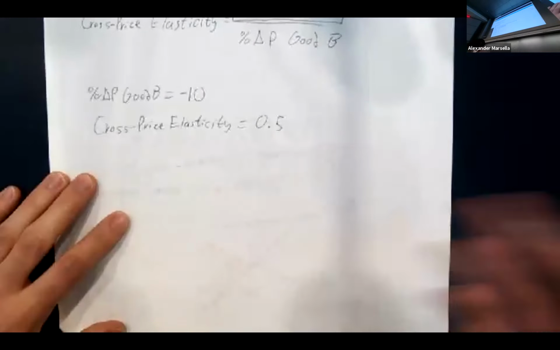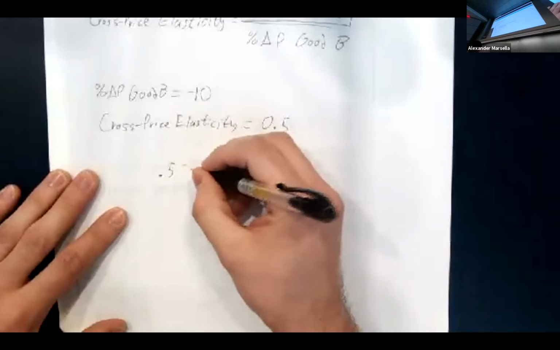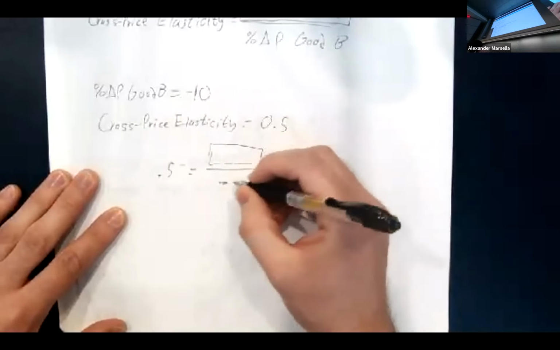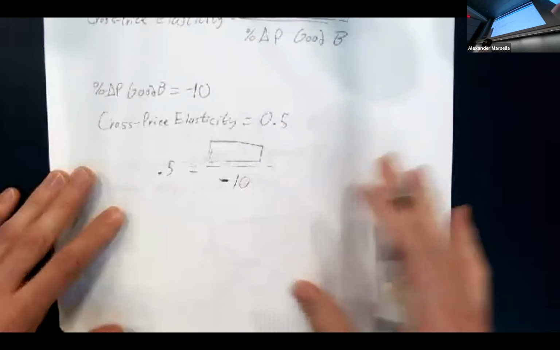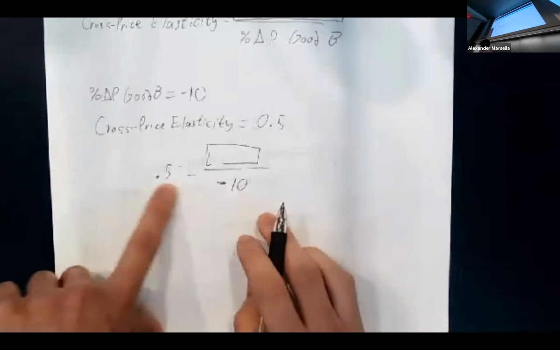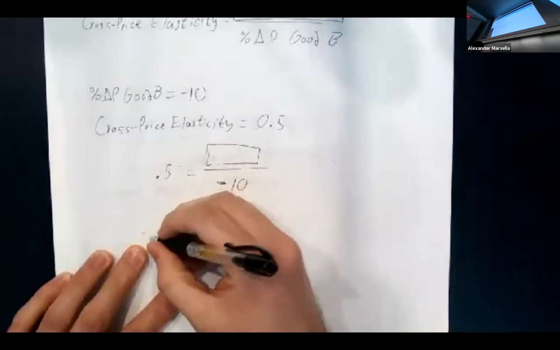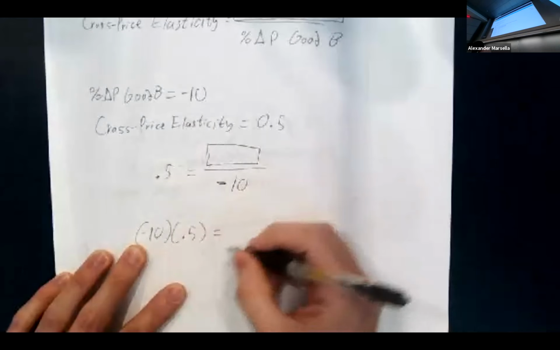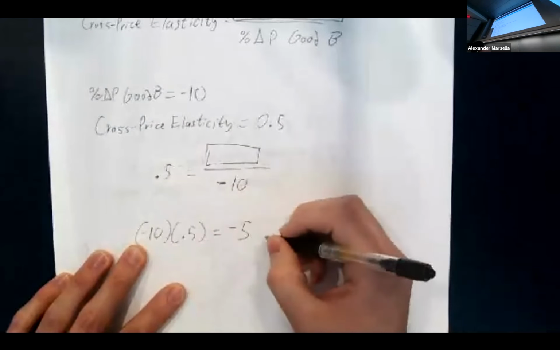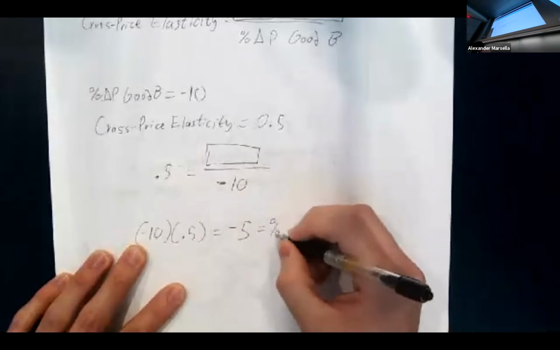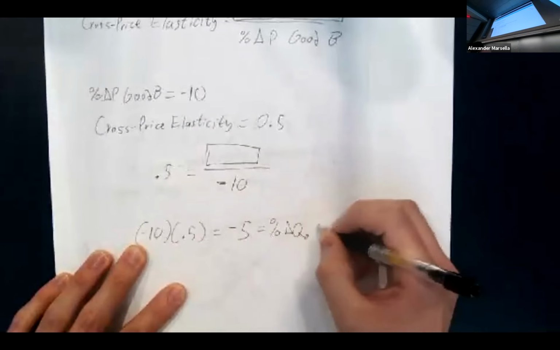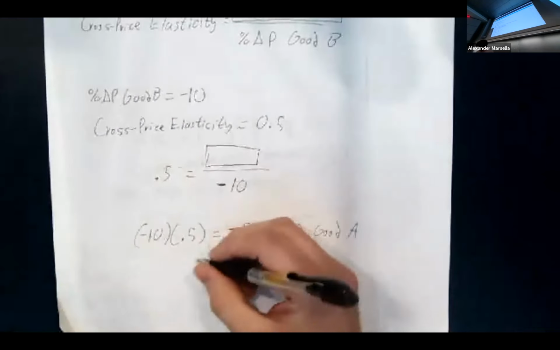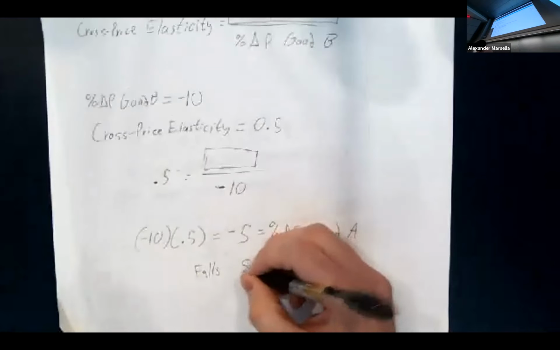The setup then is 0.5 equals whatever this is over -10. The algebra is that we take -10 and multiply it by 0.5. So -10 times 0.5 equals -5. So the percent change in quantity demanded for good A is that it falls 5%.